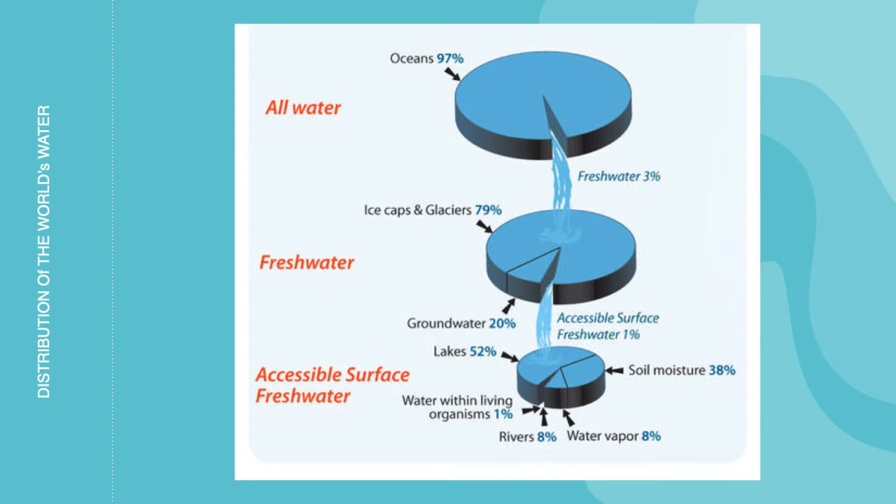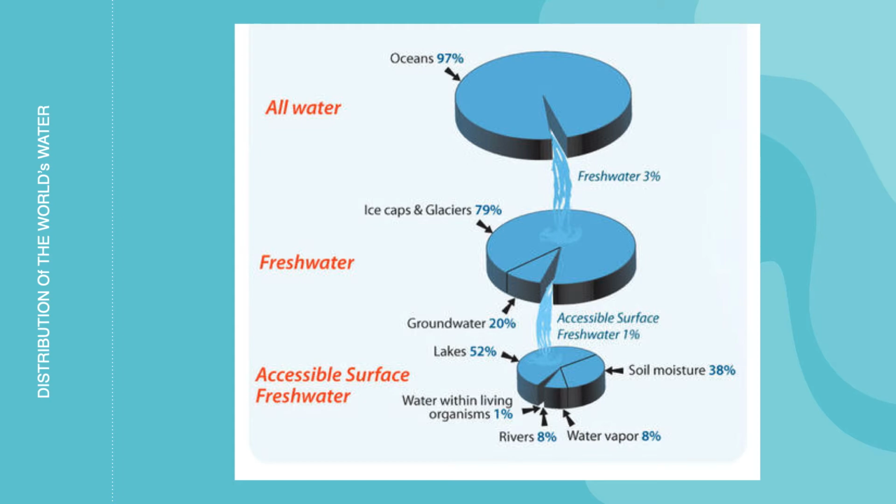So, depicted in this diagram, we can see that approximately 97% of all the water on Earth's surface can be found in the oceans, with the remaining 3% being fresh water. However, 79% of that fresh water is frozen in ice caps and glaciers in the North and South Poles, with only 20% being groundwater and 1% being accessible fresh surface water.